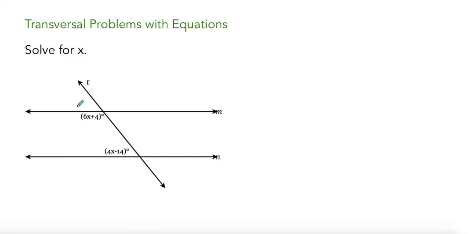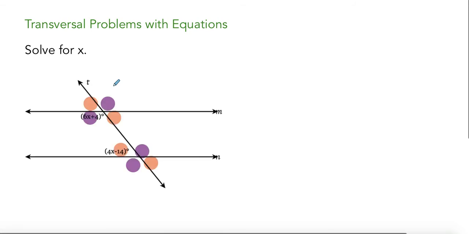So here, given my transversal, I'm going to label my angles and identify which ones are congruent, which ones are the same. Here I see that I'm working with two separate angles. So 6x plus 4 and 4x minus 14.